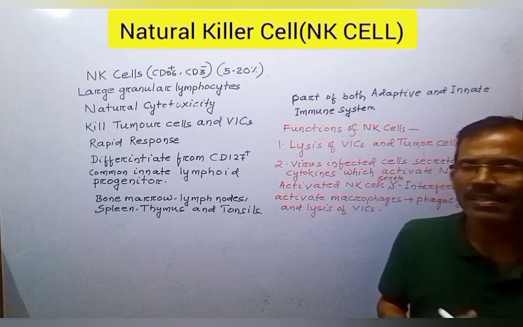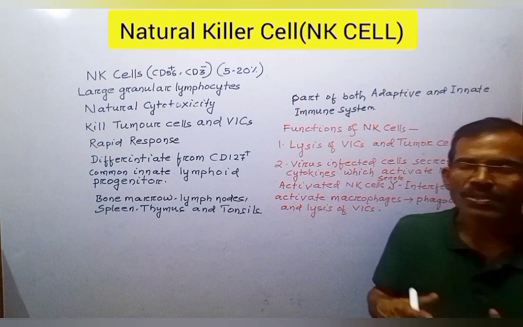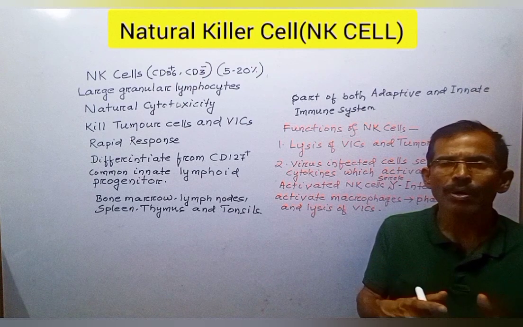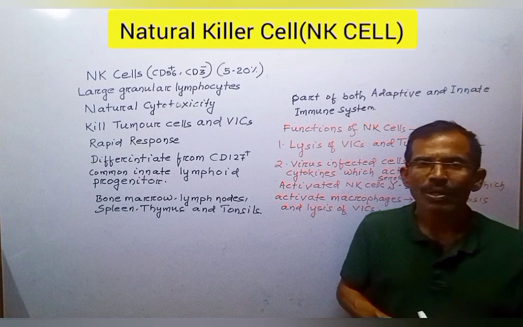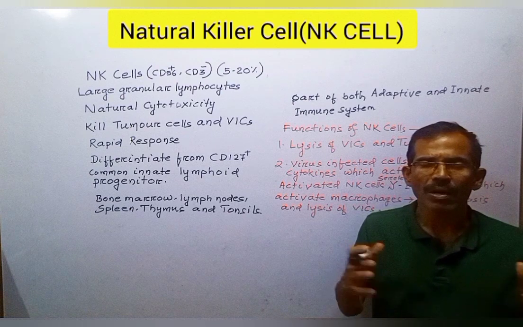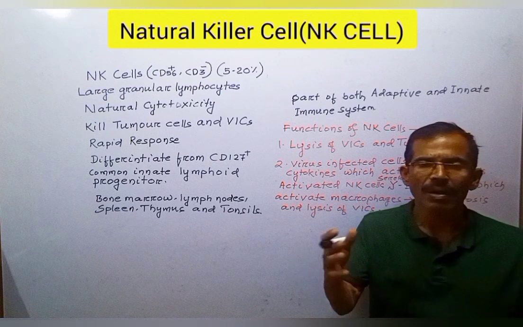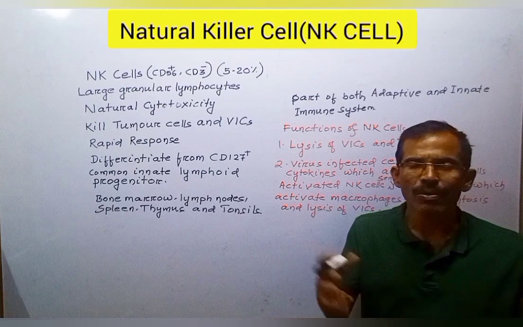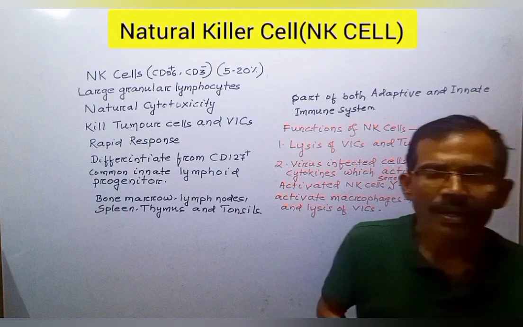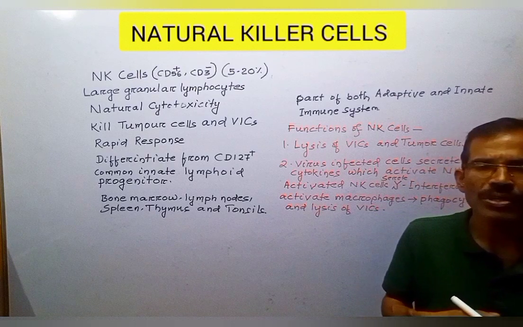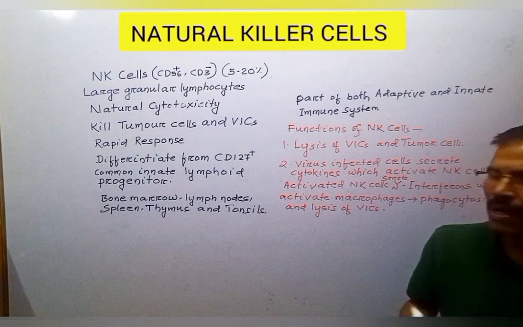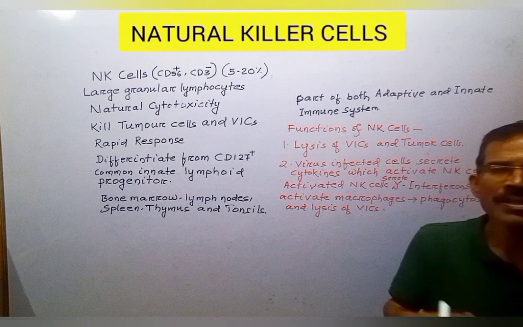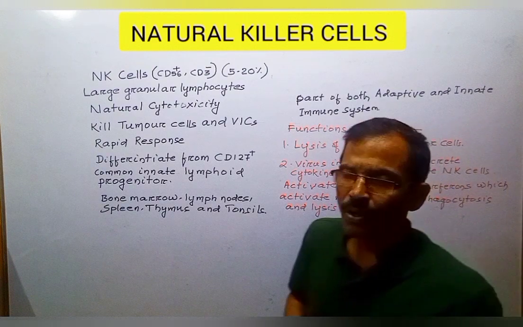Natural killer cells differentiate from the CD127 plus common innate lymphoid progenitor, which is downstream of the common lymphoid progenitor from which B lymphocytes and T lymphocytes are also differentiated. NK cells differentiate and mature in bone marrow, lymph nodes, spleen, thymus and tonsils.